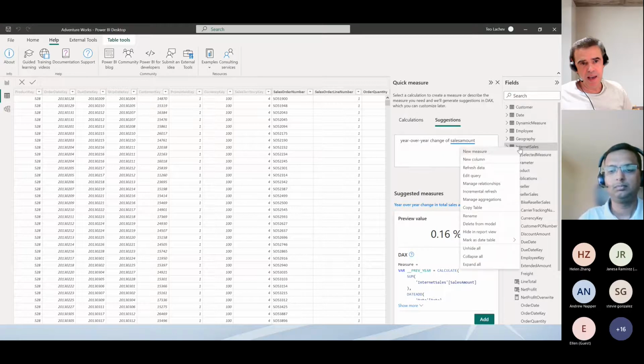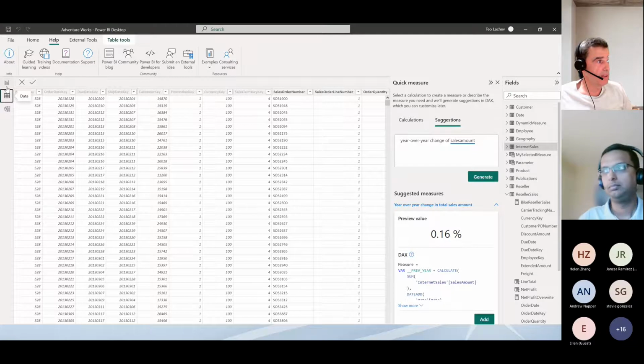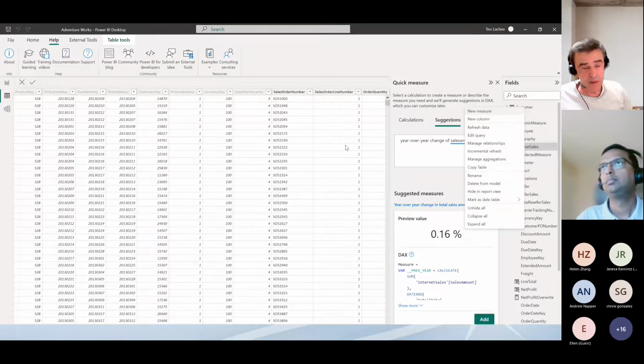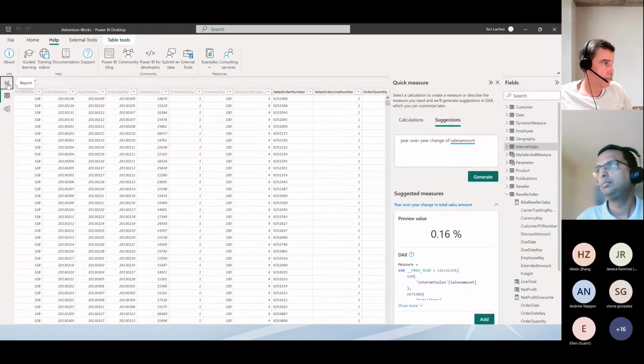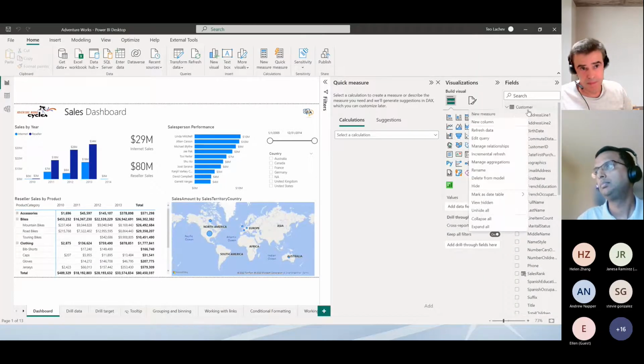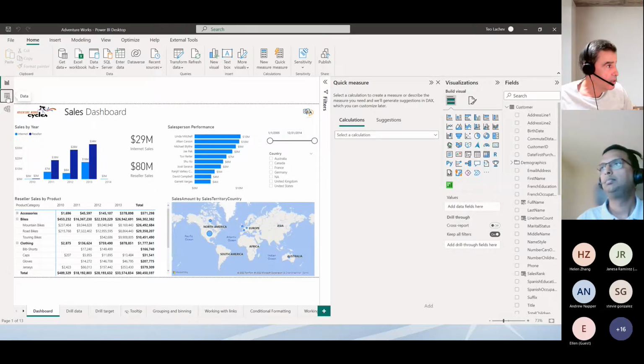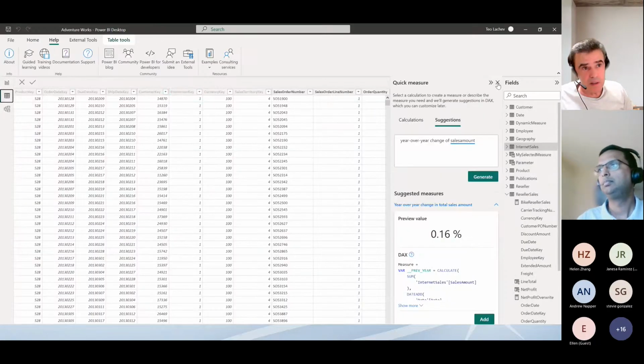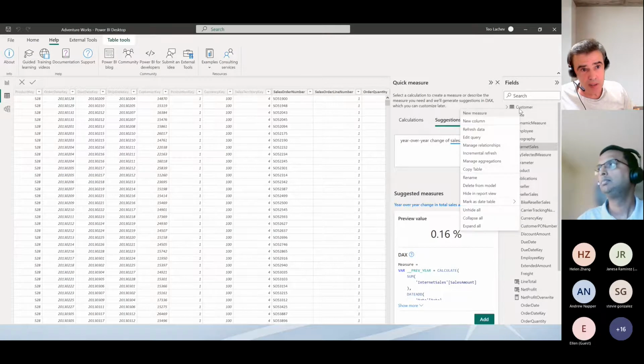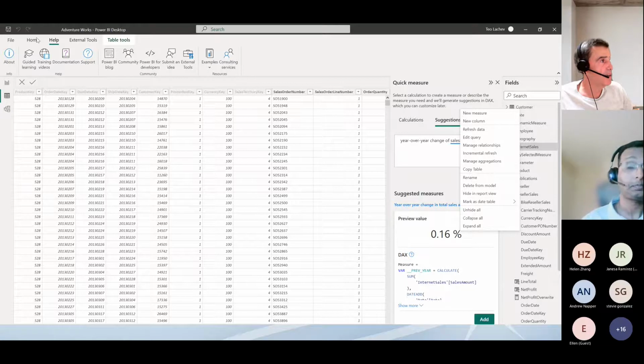You can right click a table and you can say... for some reason you have to be in the... this is the beauty of it. Where is the quick measure? It was supposed to be on the right click. Now it's not there. Not sure what happened with the menu here.